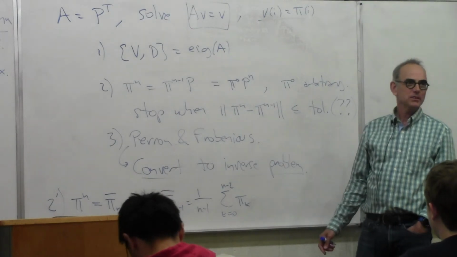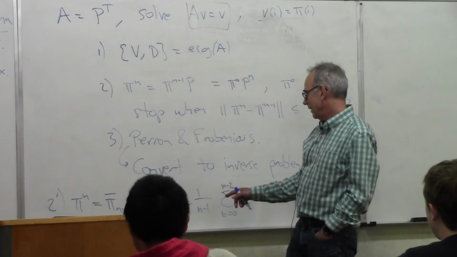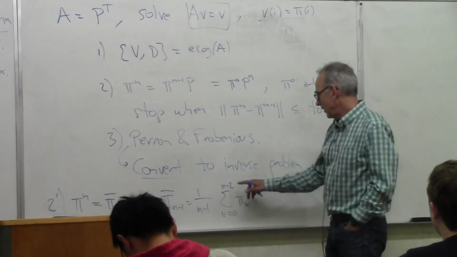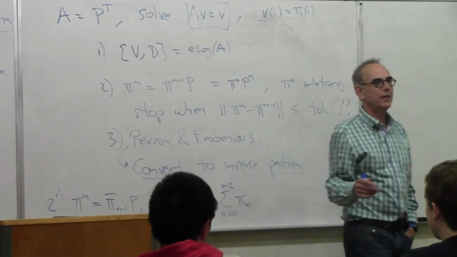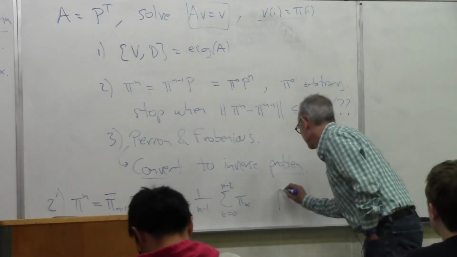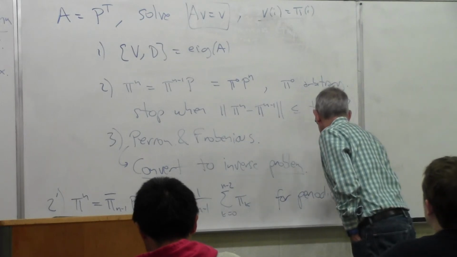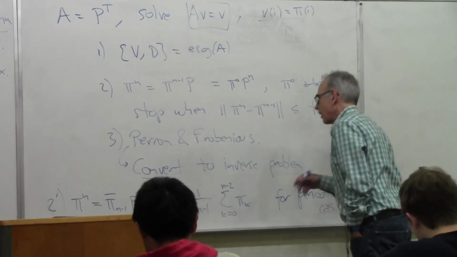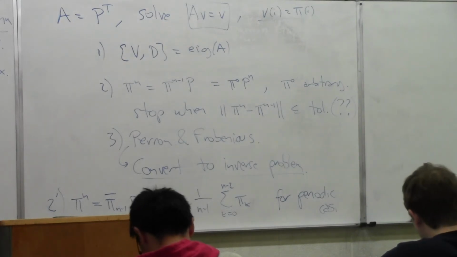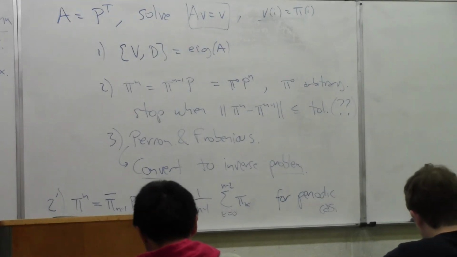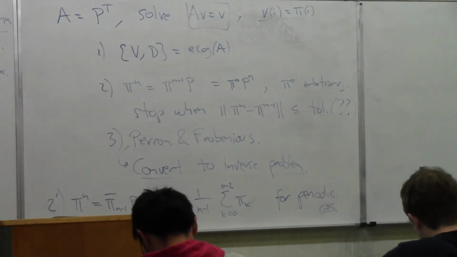Basically, you take your previous iterates, average them, and then hit it by P. This would then even work in the periodic case. Anyway, there are lots of ways to fix that. I won't go into it.